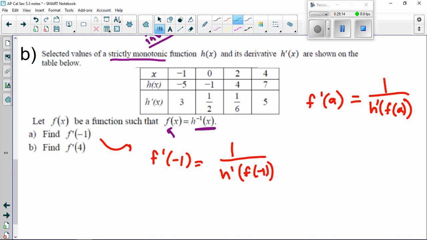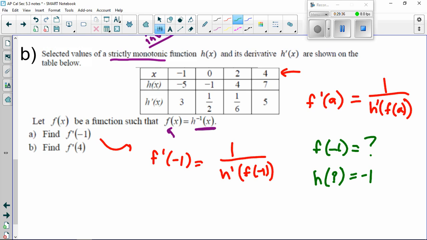Well, how do we find f of negative 1? If we want f of negative 1 equals what? Well, if h is its inverse, we want to know what do we plug into h to get negative 1. Well, we'll find out what we plug in. The x values are what we plug in.